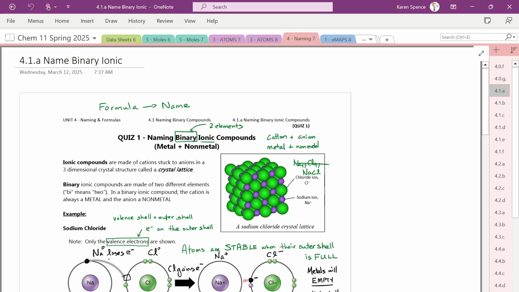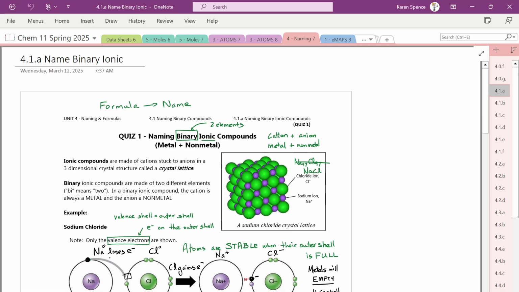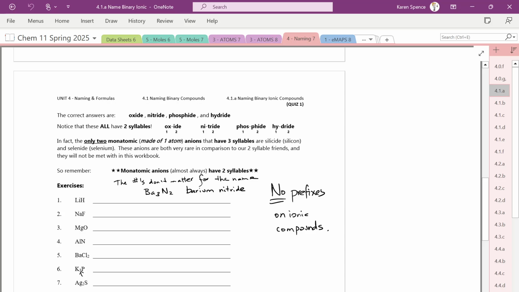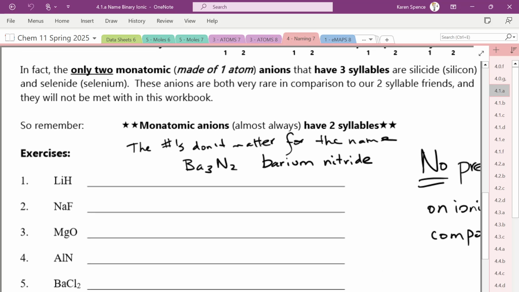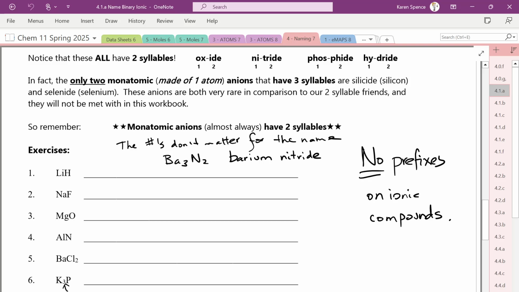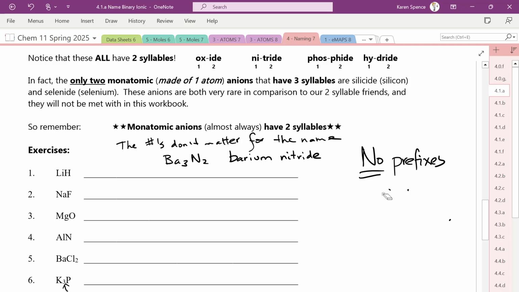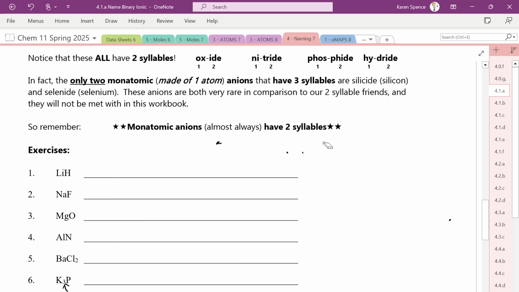So what we have here, and in fact, why don't we just go to page 9, and we'll just work on the naming part. So basically all you need for this is a periodic table.